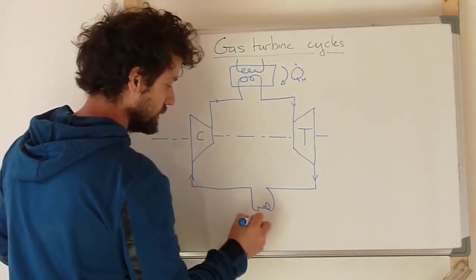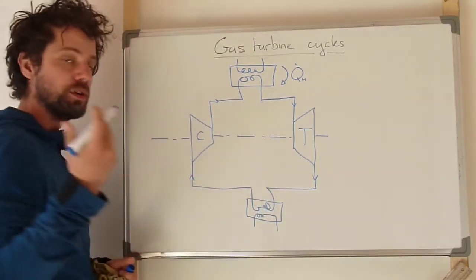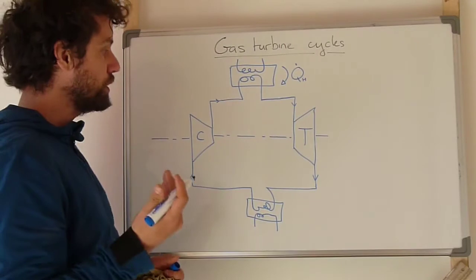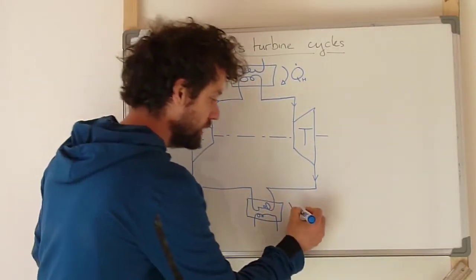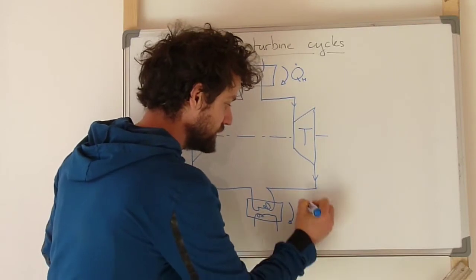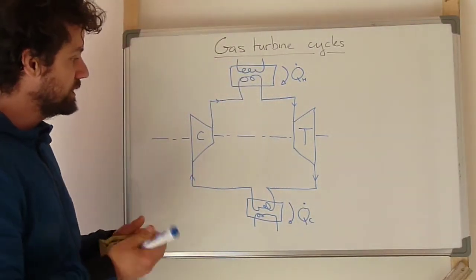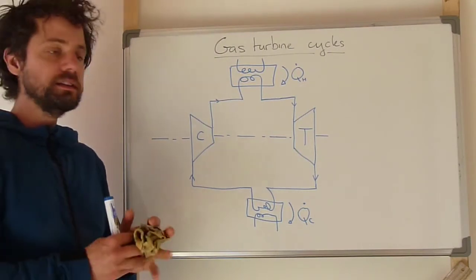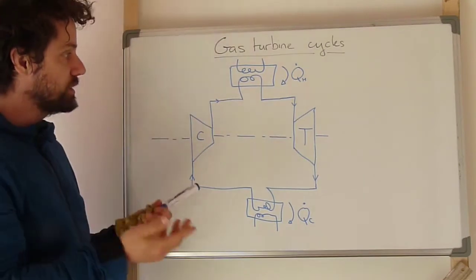So then this second heat exchanger will exchange heat with, from a thermodynamic point of view, the cold source. So the working fluid will give heat QC to the cold source that will be at the other side of this heat exchanger, and it is like this possible to close the cycle.